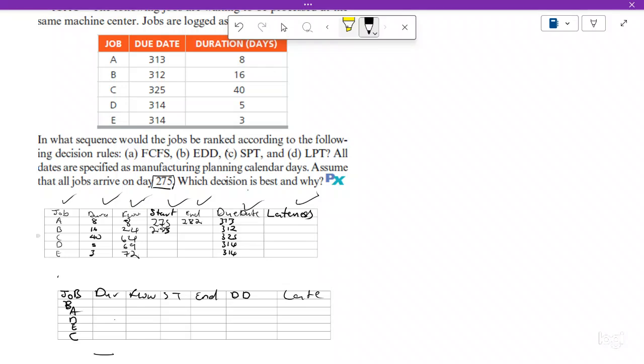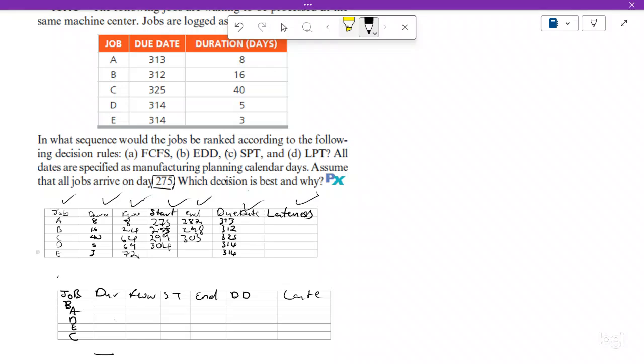All right. Then now 283 plus 16. I think it's 299. Calculator, guys. Then here 298, right? Then 299 plus, I think 5, 304, 303.